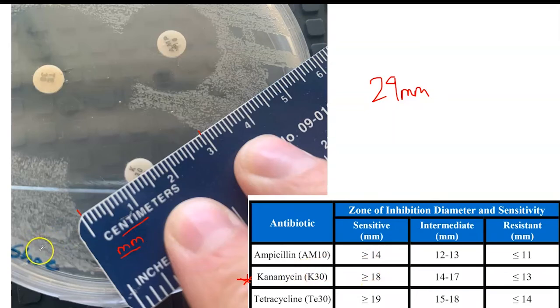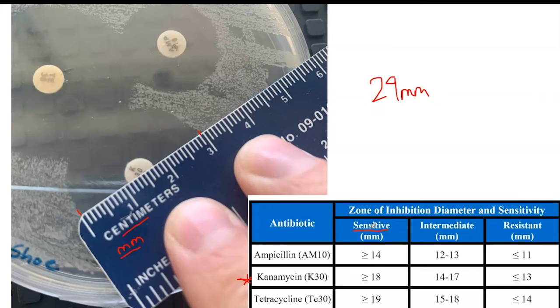When you look, the way that you use this table is we're asking the question: is this bacteria from my shoe sensitive or resistant? Or there is another category known as intermediate. Let's review what each of these means. Sensitive means the bacteria responds to the antibiotic, meaning the antibiotic is effective.